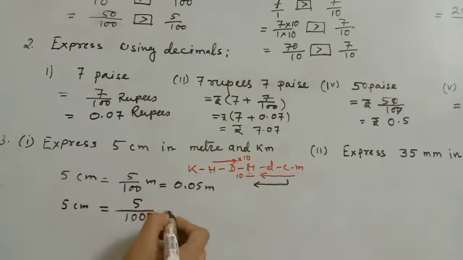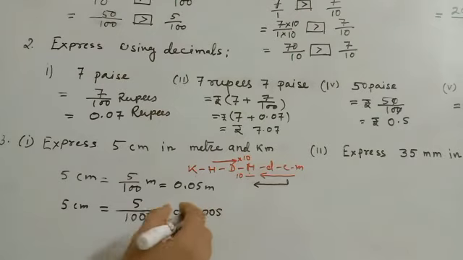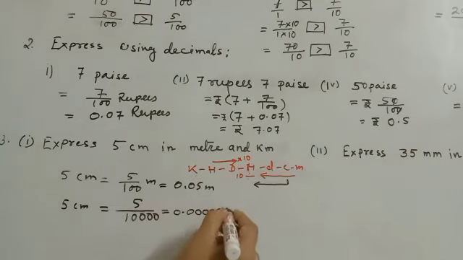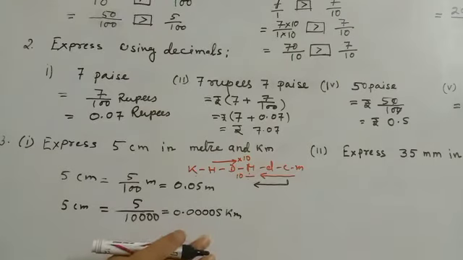So it will be 0.00005. See, kilometer, hectare, deca, meter, deci, centi. Put the point in the place of kilometer, then after it come hectare, deca, meter, deci, centi. So it will become kilometer now, as we have put the point here. Is it clear? Now next sum.